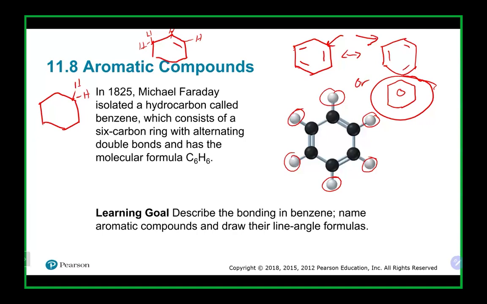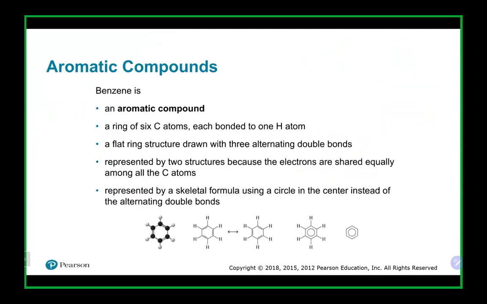So looking at that, these are all, again, versions of what a benzene ring looks like. And like I said, a lot of times we'll see it with the circle drawn in there. And again, it still has the 3 double bonds that are happening in the carbon part of it.